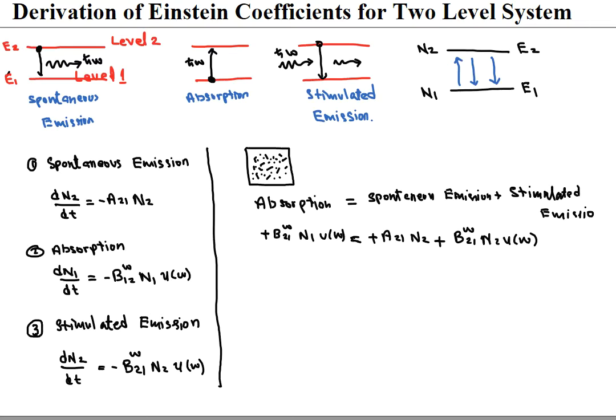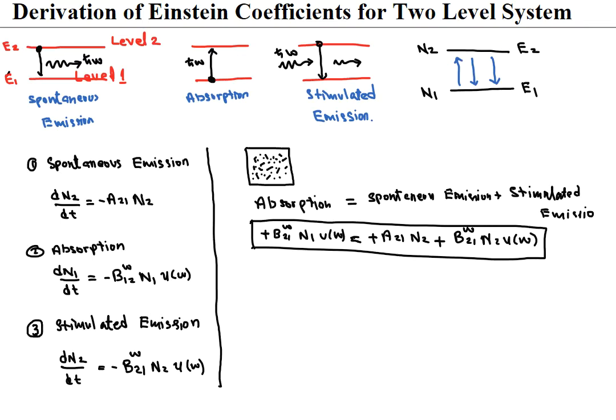So this is the equation we get from Einstein analysis. That's how Einstein thought of it, that the upward transitions will be equal to the downward transitions.